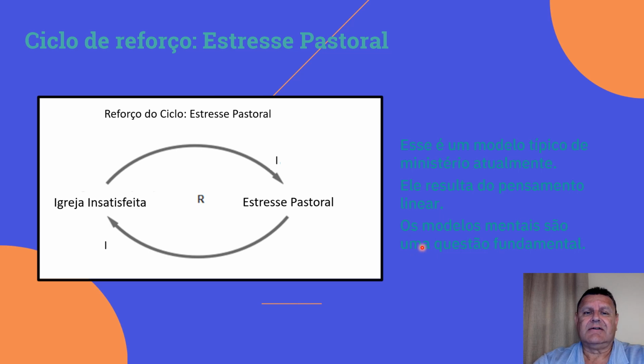Just for the sake of understanding the process, this is one loop, this is not a causal loop diagram, this is just one loop. A causal loop diagram has two or more operative loops. But it's important to understand that we can use these tools to gain a better understanding of what's happening even in smaller things within the church.